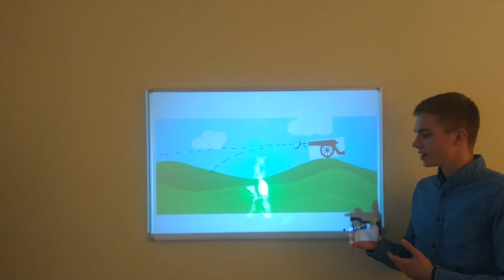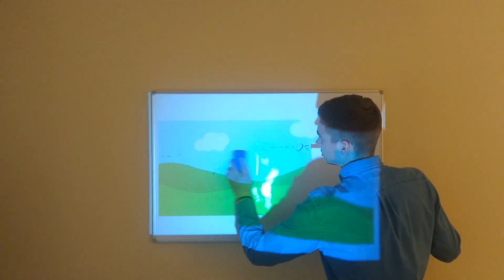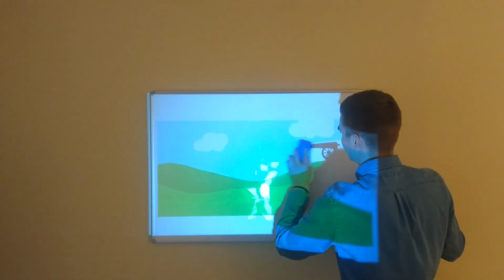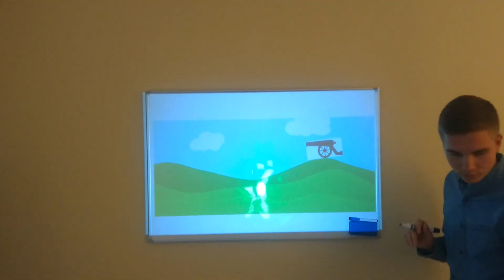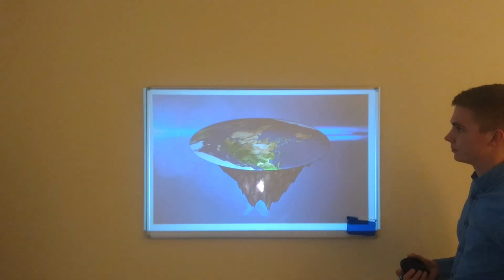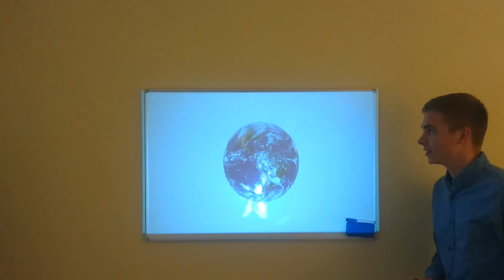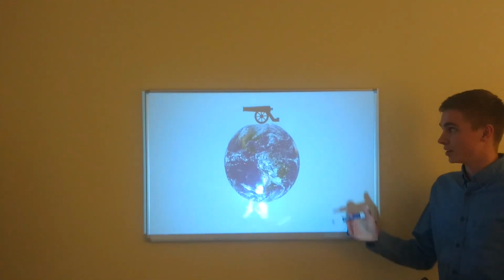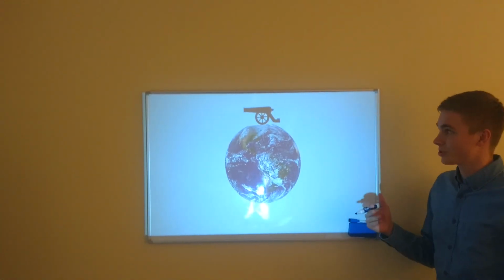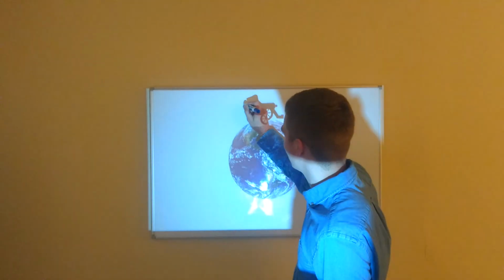So now that we understand how this example works, let's kick it up a notch and take a look at it from outer space. Let's take a look at the actual Earth. We're up in space, and we have a cannon mounted somewhere on the Earth's surface. We're going to fire that cannonball again.